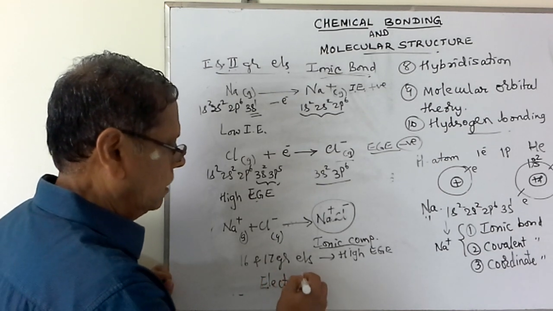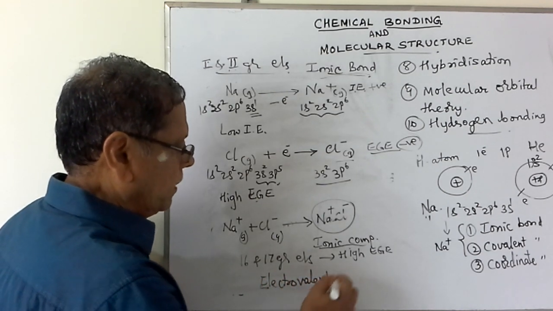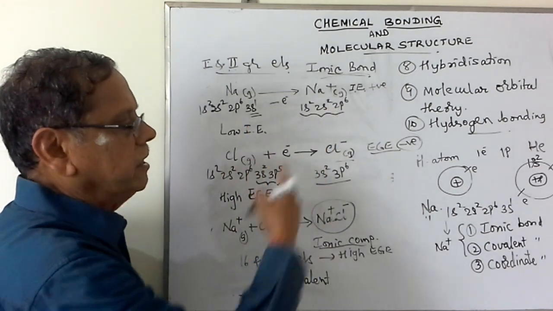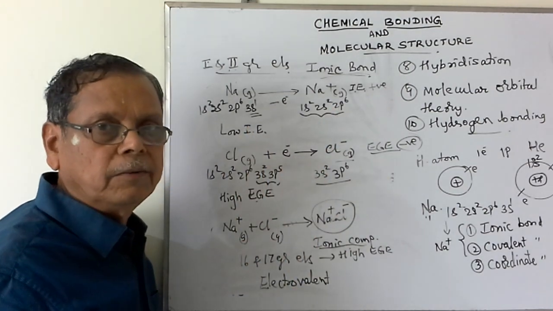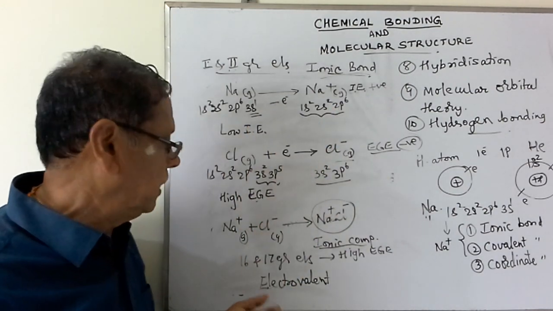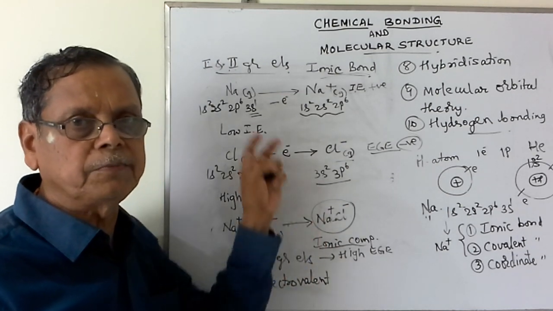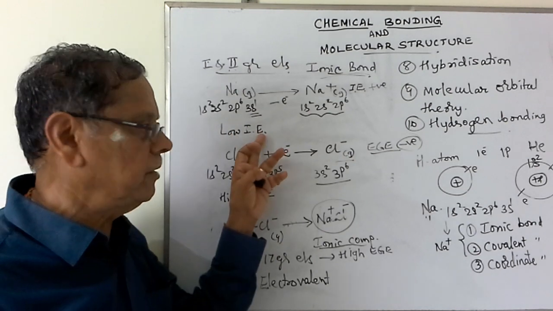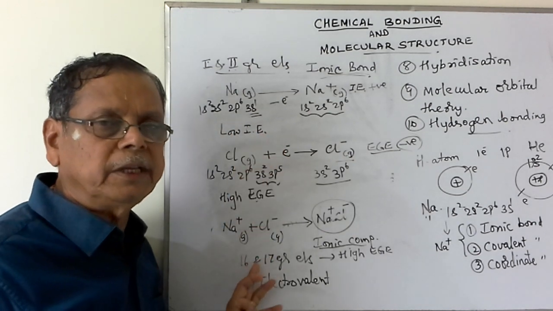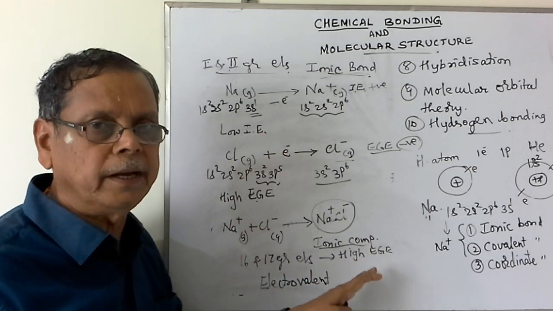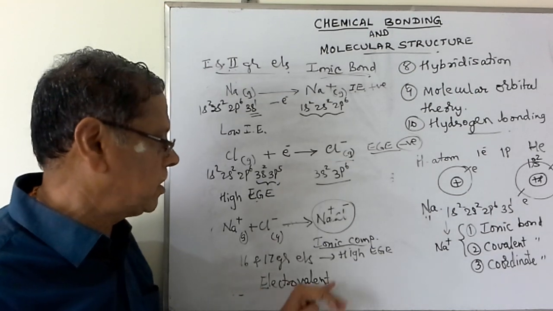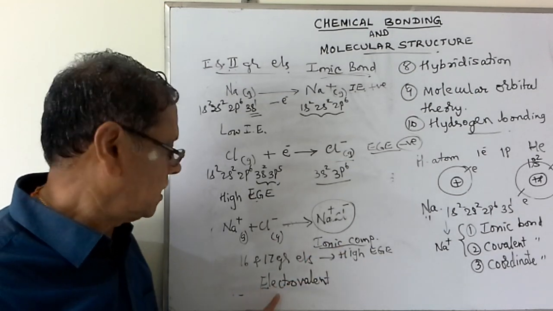The number of electrons lost and gained by the elements gives rise to valency. Since transfer of the electron takes place between the element with low ionization energy and the element with high electron gain enthalpy, it results in the formation of the ionic compound, which is called the electrovalent compound.